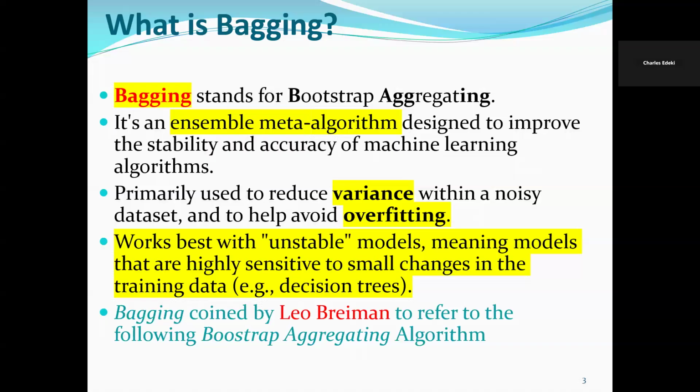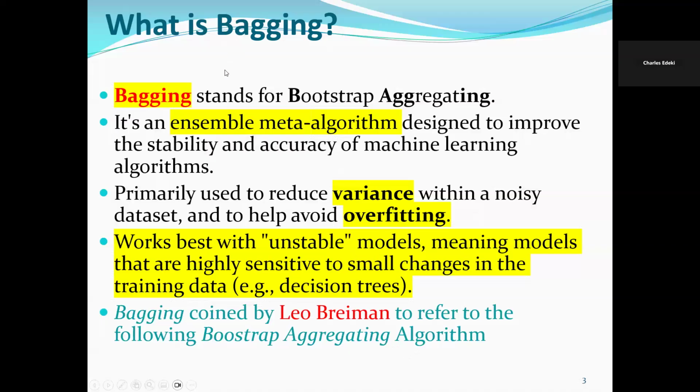It is an ensemble meta-algorithm designed to improve, as we said earlier, accuracy, avoid overfitting, and also improve the stability of machine learning algorithms. Again, the concept here is not an algorithm, but rather a machine learning technique. I think bagging primarily addresses, as we mentioned earlier, high variance in models. Bagging is primarily used to reduce variance.